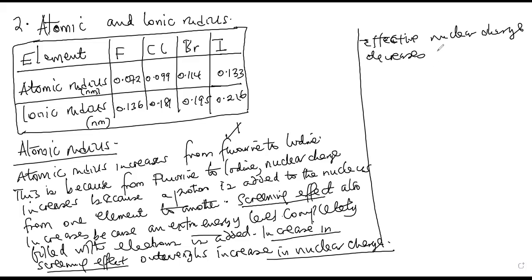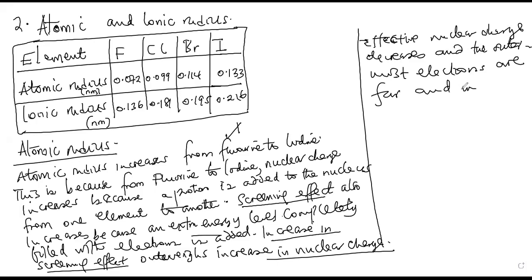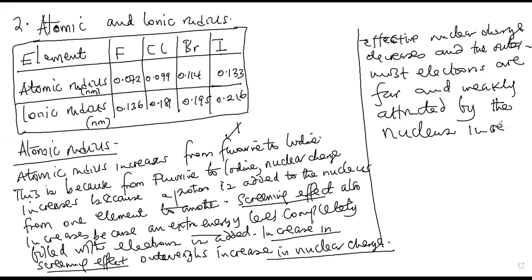And the outermost electrons are far, because they are repelled, and weakly attracted by the nucleus, increasing the atomic radius.